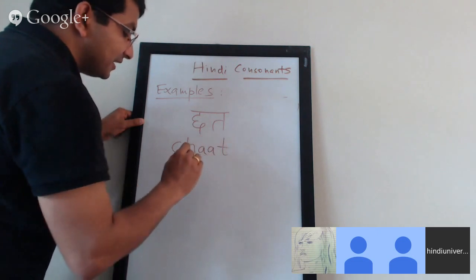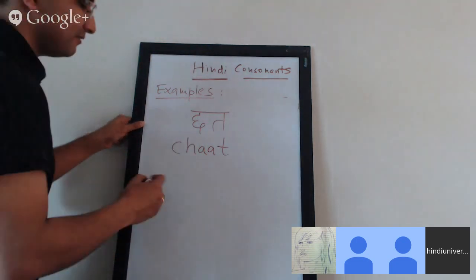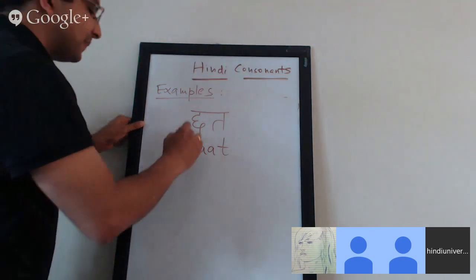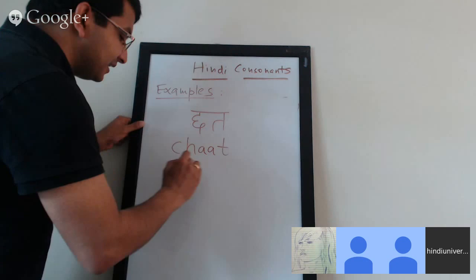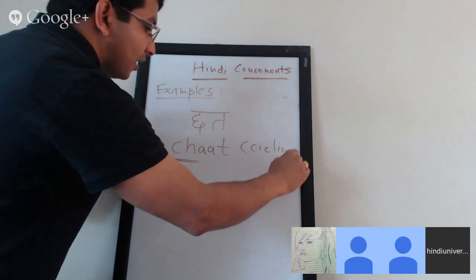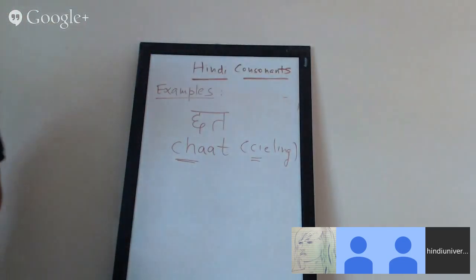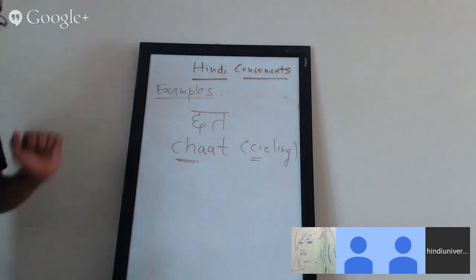Don't read it as chart, because that's also a very famous appetizer, but read it as chhat. Chhat is nothing but a ceiling. If you have a house, the ceiling of the house is also known as chhat. Say that with me, chhat.